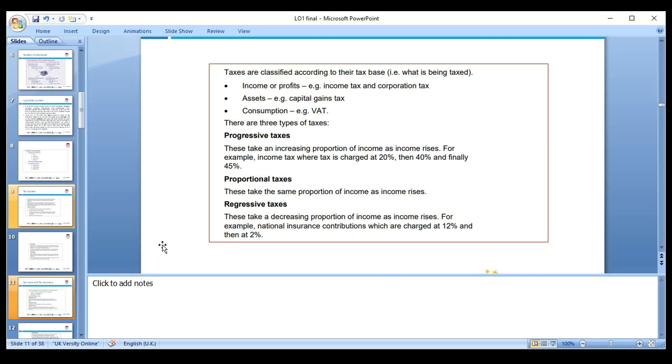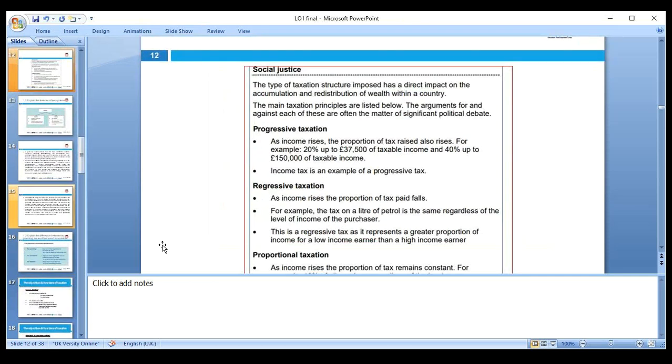If my salary is more than 37,500, then it will increase? No, decrease. It will be 2% on higher than 45,000. Oh, understood now. Your income increases, but your NI does not increase. Net increase. Understood now. Thank you. Welcome.